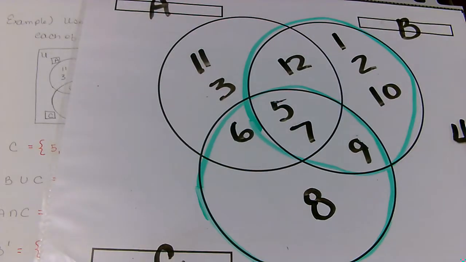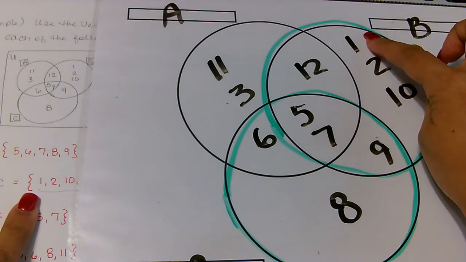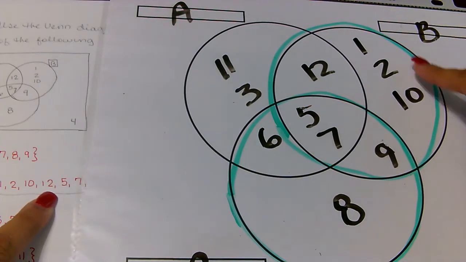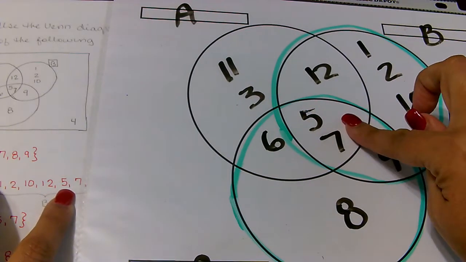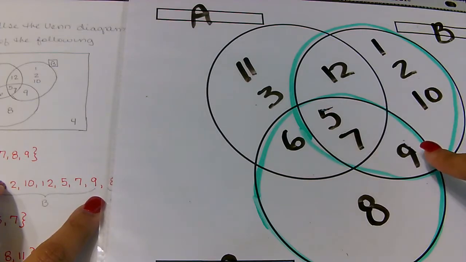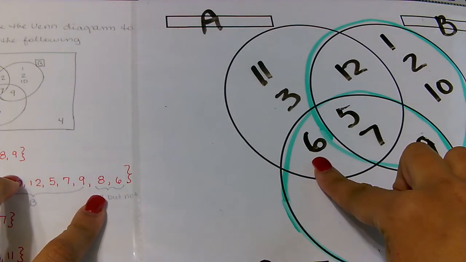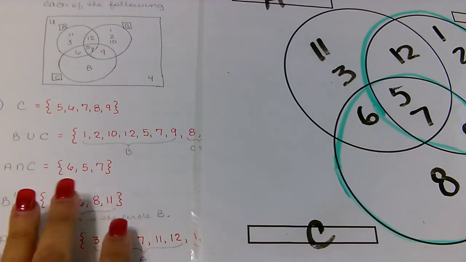So for B, our answer is going to be 1, 2, 10, 12, 5, 7, 9, 8, and then 6. Okay? You don't need to count these twice, you just list them once.